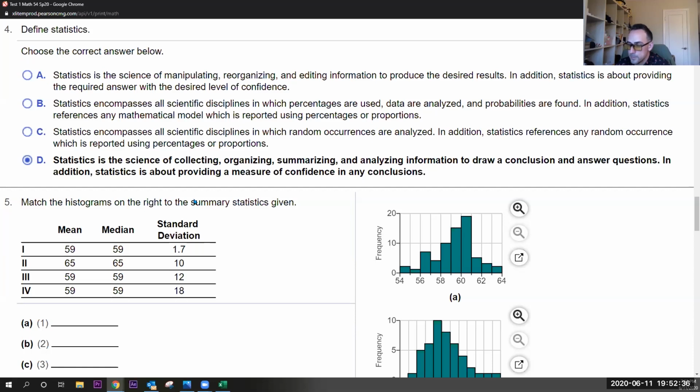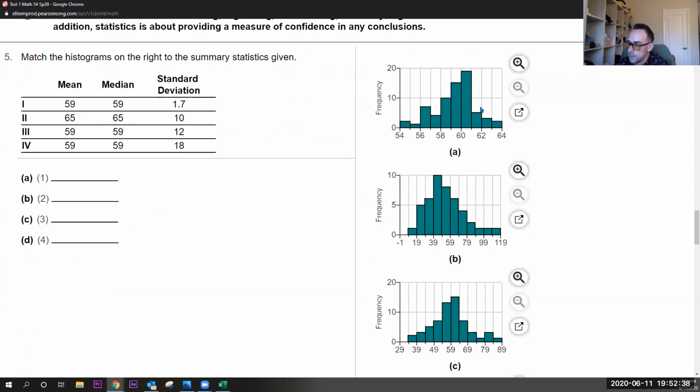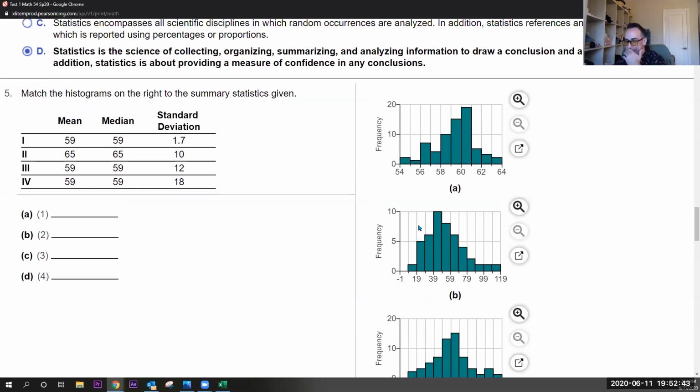And this one, I made a video of this, one of my most popular videos. Basically, you're trying to match these summary statistics here. You have 4 summary statistics, 1, 2, 3, and 4, and you're trying to match them with the histograms. In these 4 sets of summaries, one of them is 65, and the other 3 are 59.